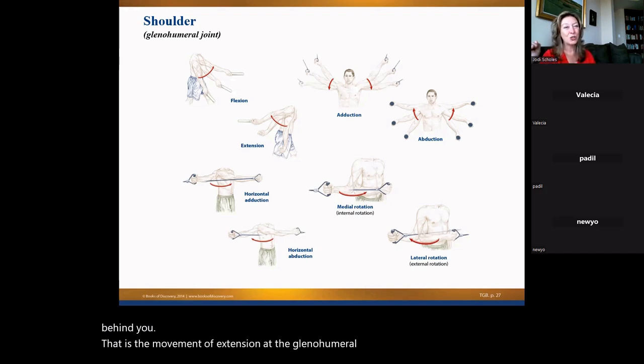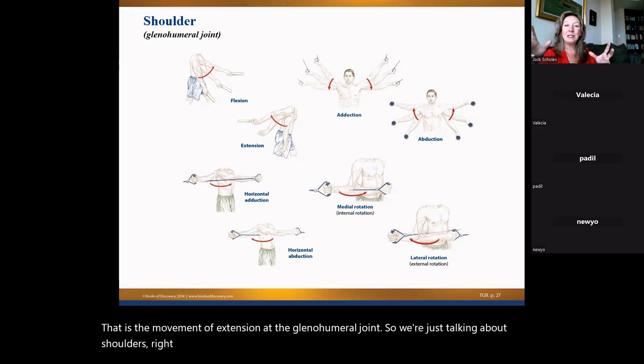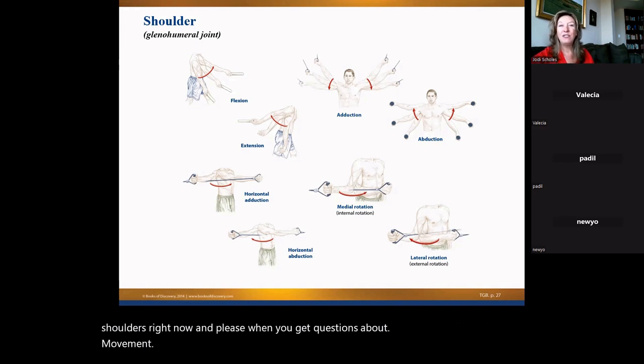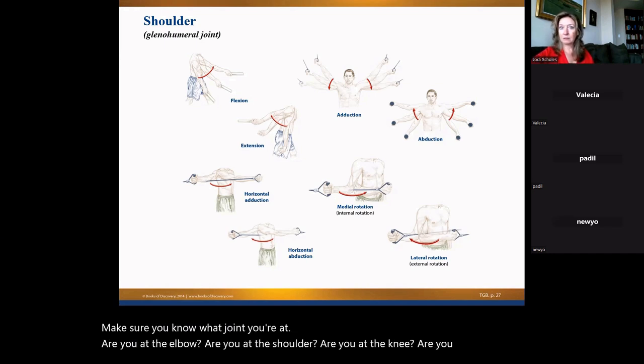So we're just talking about shoulders right now. And please, please, please, when you get questions about movement, make sure you know what joint you're at. Are you at the elbow? Are you at the shoulder? Are you at the knee? Are you at the hip?